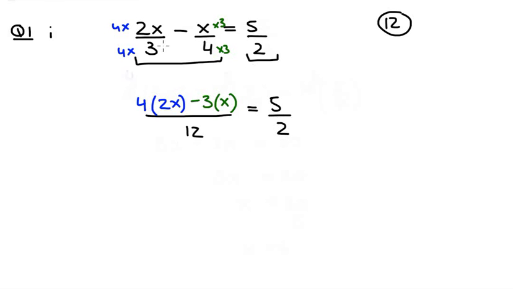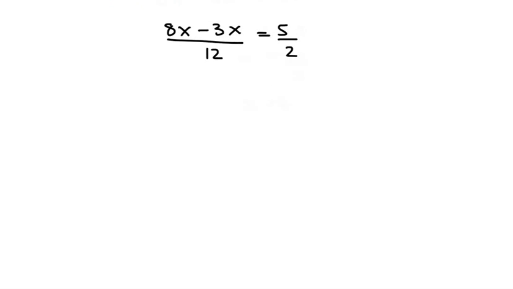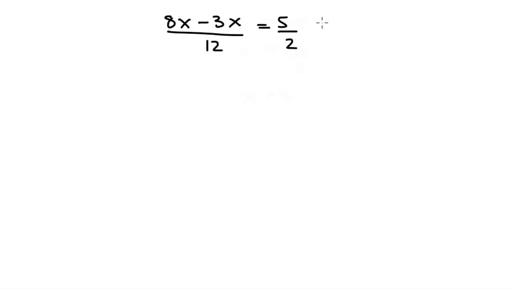So just dealing with the two fractions on the left first of all. Now what I can do is multiply at the top. So I have 8x minus 3x, that's all over 12, is equal to 5 over 2. Now that I have single fractions on both sides, I can cross multiply. Because if I'm dividing by 12 on one side, I bring it across and I multiply on the other.